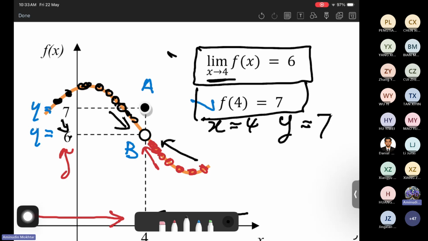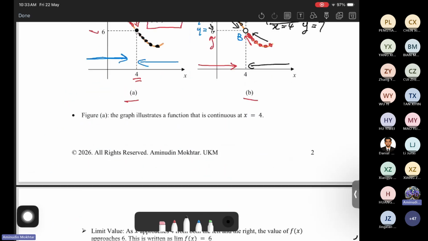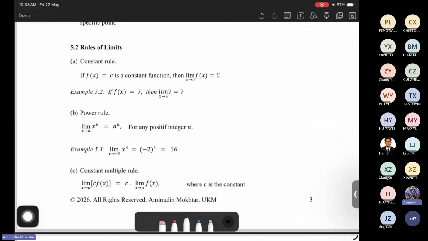So when we find a limit, we don't necessarily get the same answer as when we find the value of y when x equals a specific number. That's the basic concept of the limit.